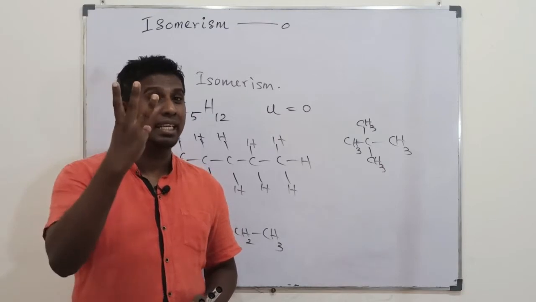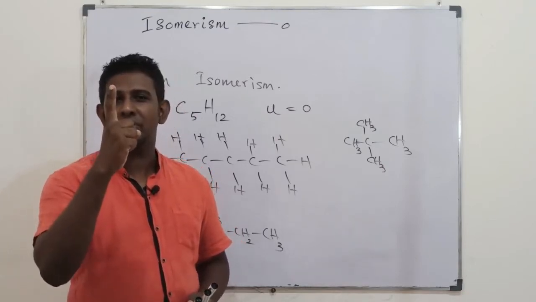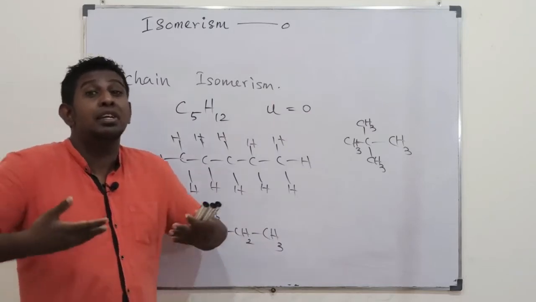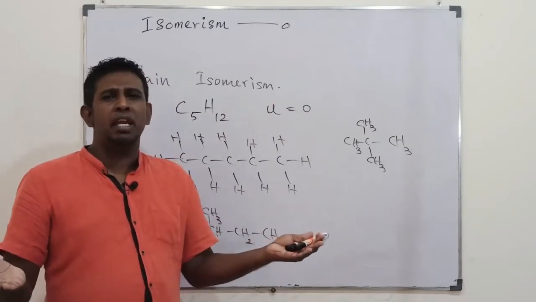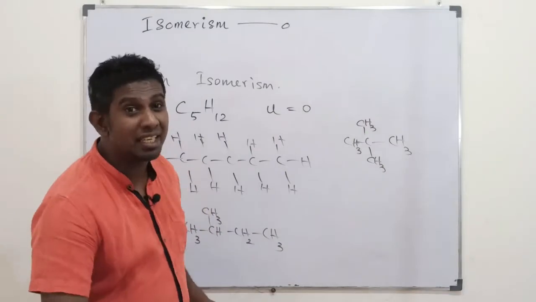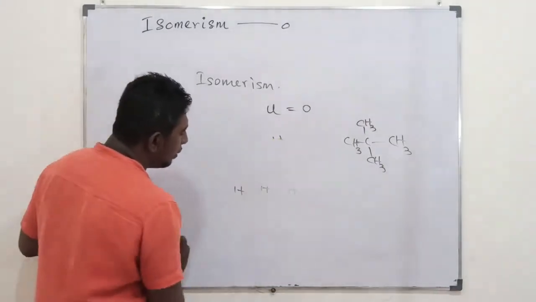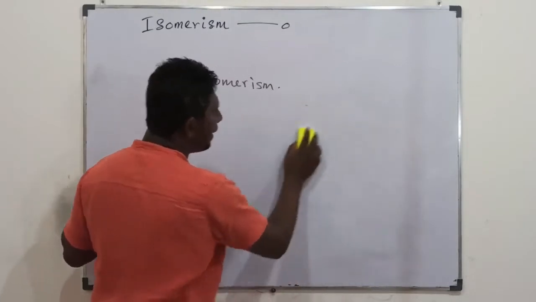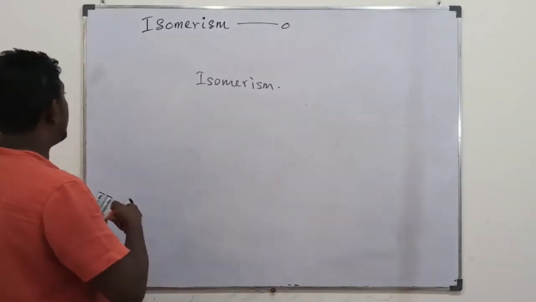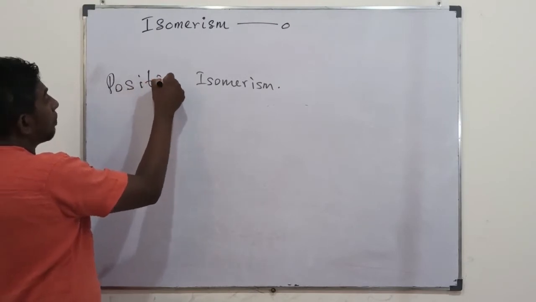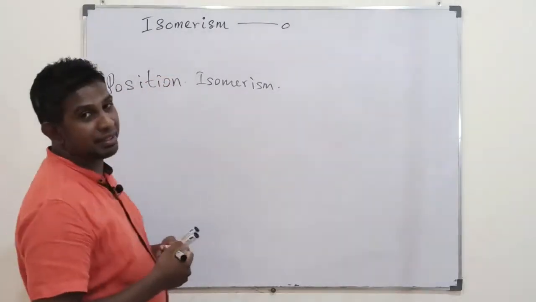We had 3 types. One was chain isomerism, the other is position isomerism. Let me explain what position isomerism is. Okay students, now we are going to find out what position isomerism is.